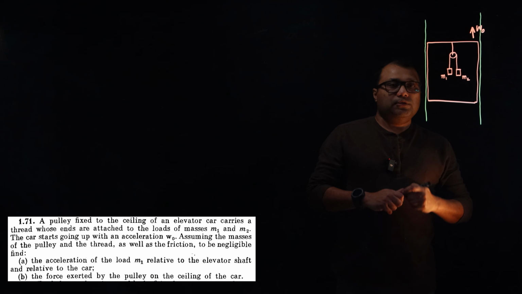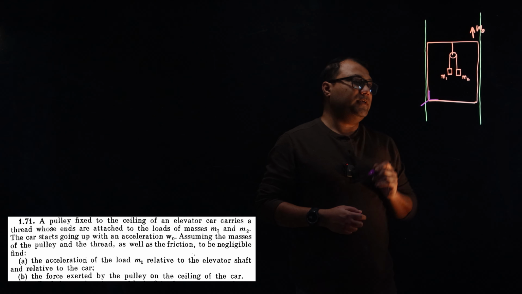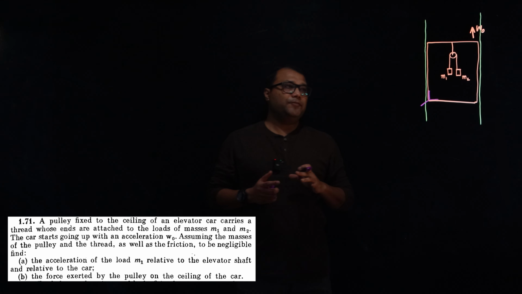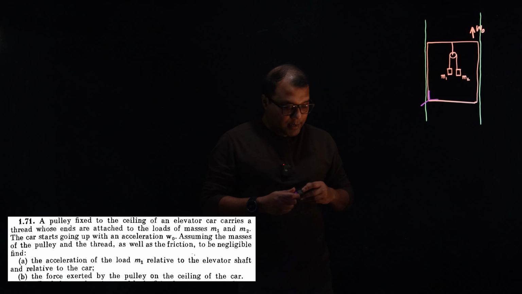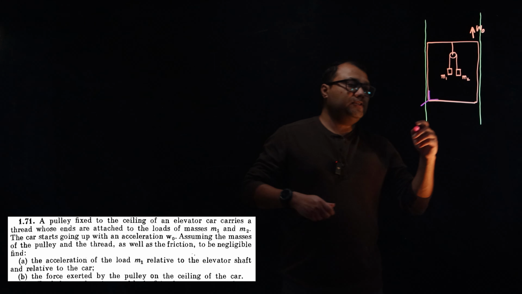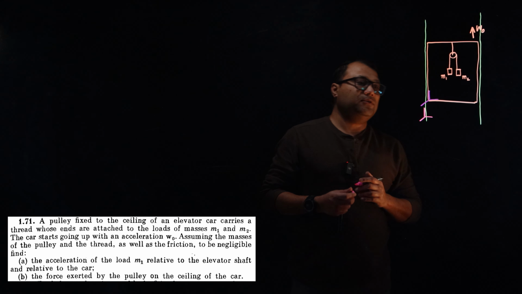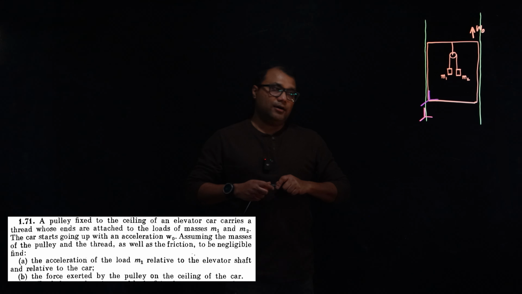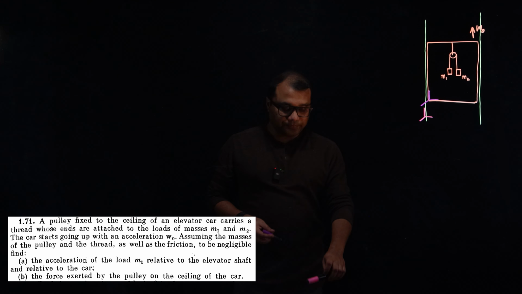So there are two frames of reference. First frame of reference is in the elevator, as if someone is inside the elevator and watching m1 go up or down. And the other reference frame is on the elevator shaft. So as if someone standing on the ground and watching how m1 is going up or down.